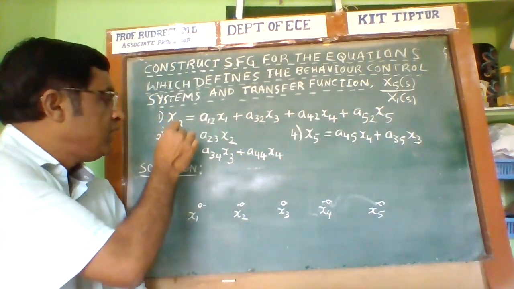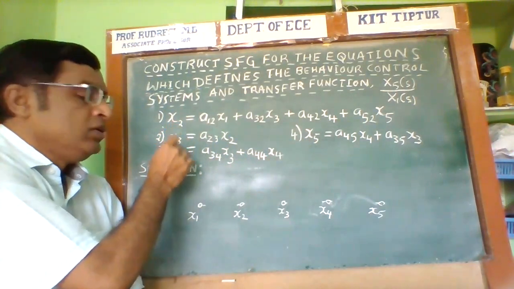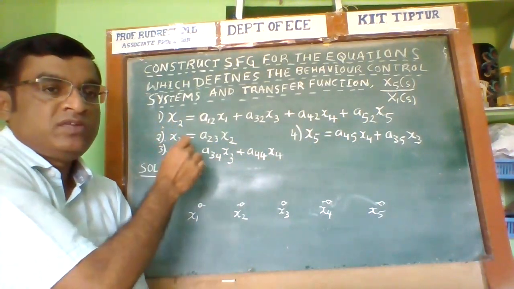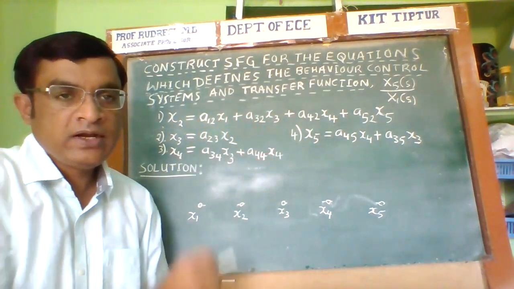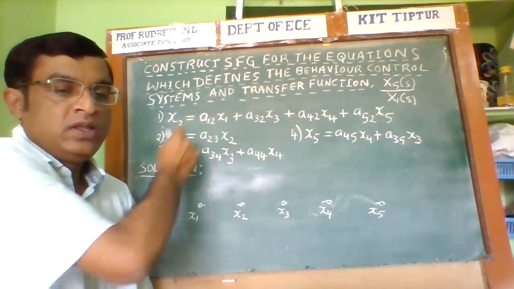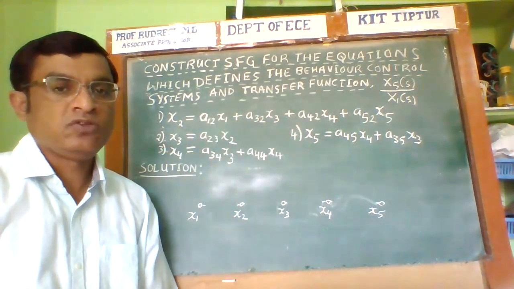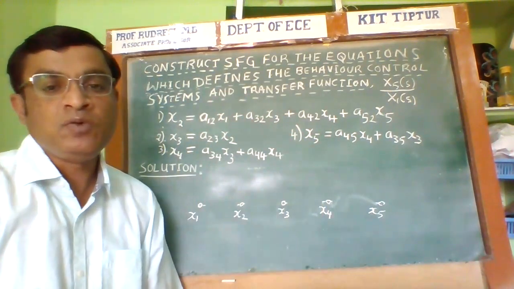The LHS of each equation represents the nodes of the system, and the right hand side is the input to the corresponding nodes. Based on this principle, we go for writing the signal flow graph.